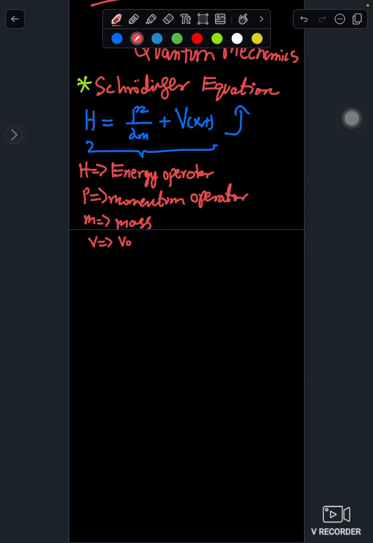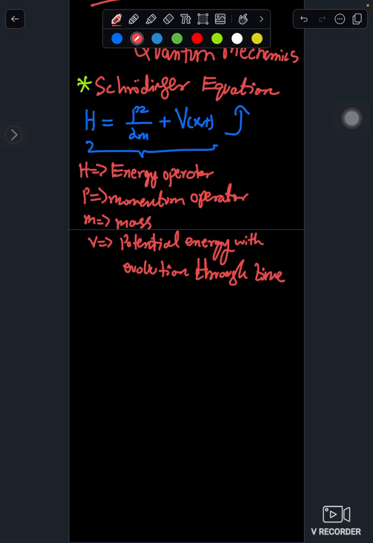V is potential energy, with evolution through space and time. Time and position.